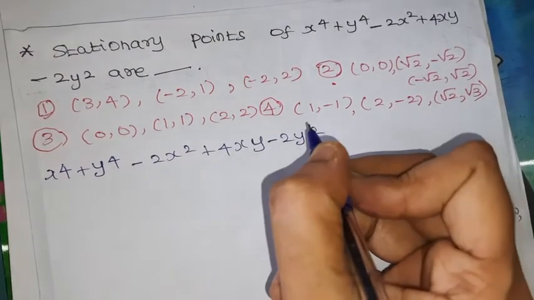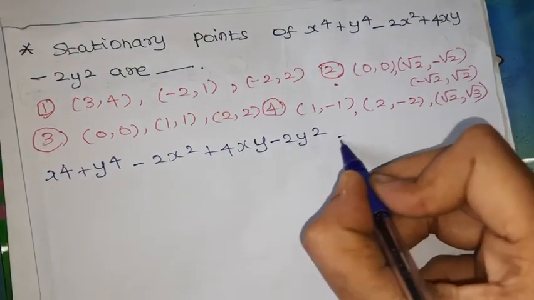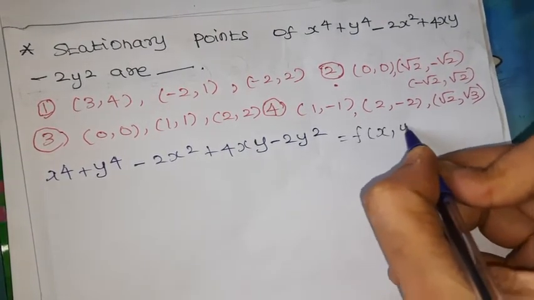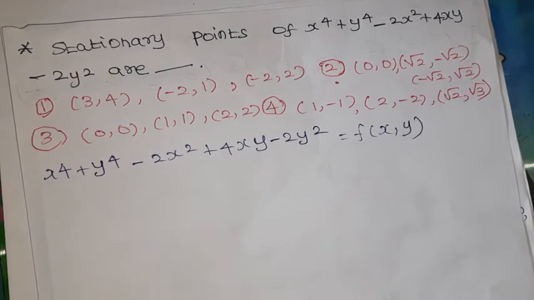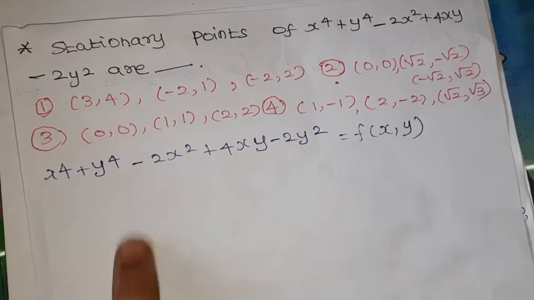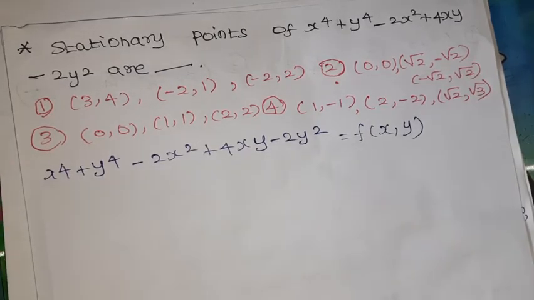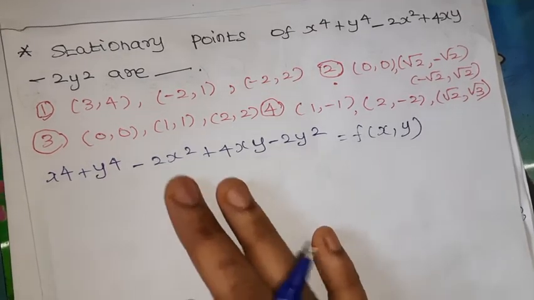This is the given function. Let it be f of x comma y. What we need to do to find out the stationary points? Find out dou f by dou x and dou f by dou y and equate to 0, we can find out the stationary points for the given function, okay.